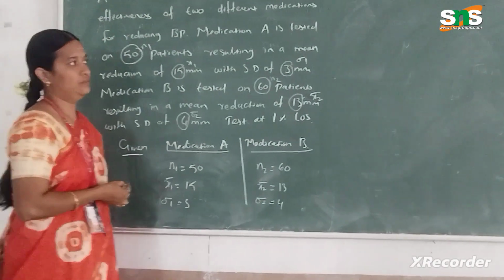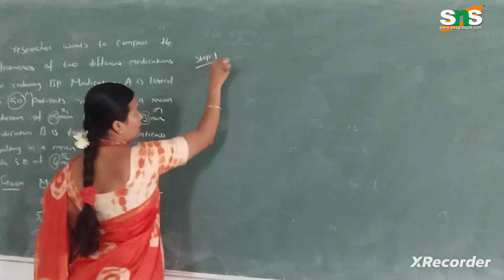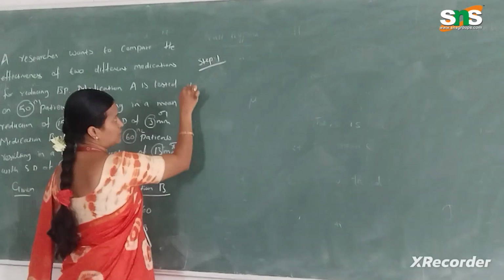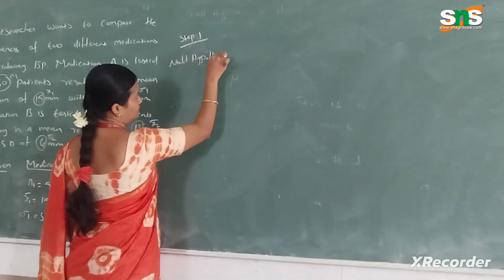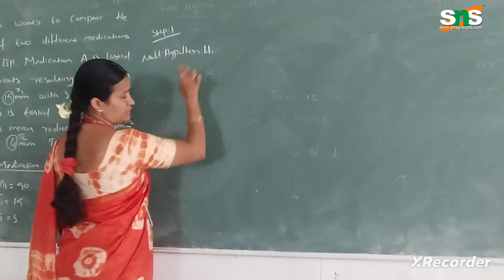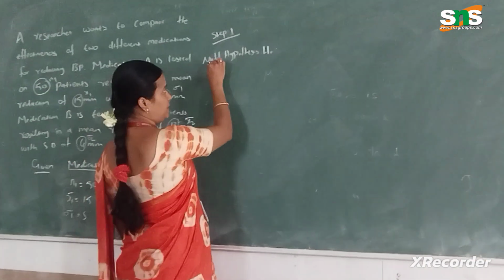So what is step 1? Step 1 is to frame the null hypothesis and alternative hypothesis. First, the null hypothesis, denoted by H0. What is the statement? Here we have two samples, and null means no difference.